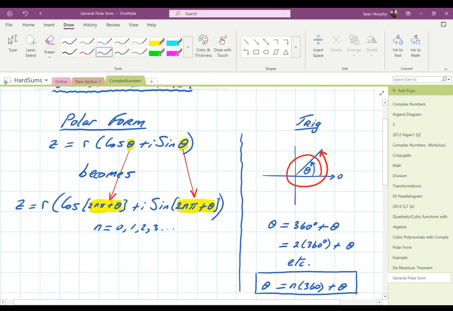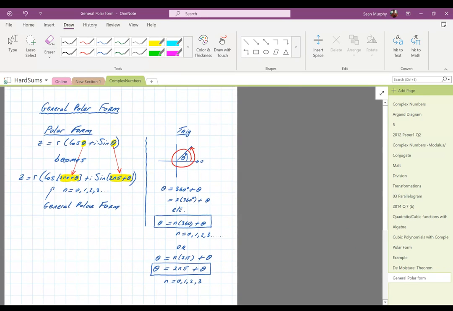So this is general polar form. Now, that's all there is to general polar form, really, in terms of the definition of what it is. However, we now need to do some examples and show you how that comes into questions.